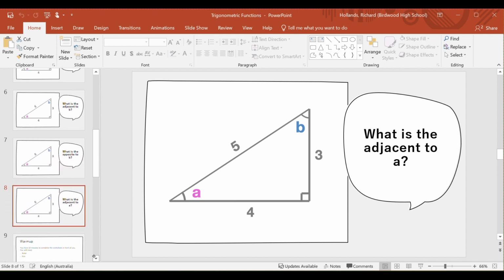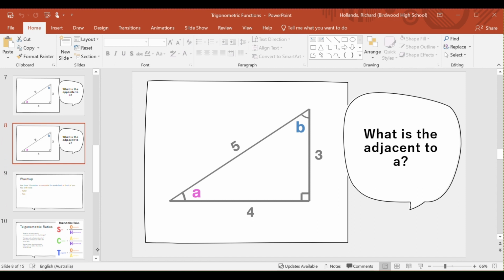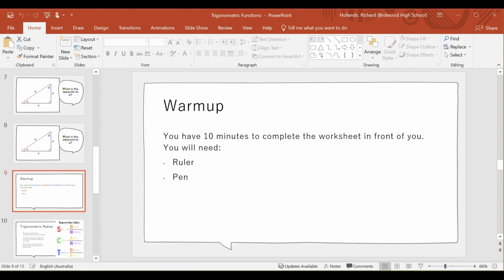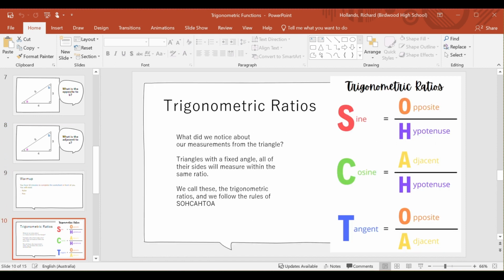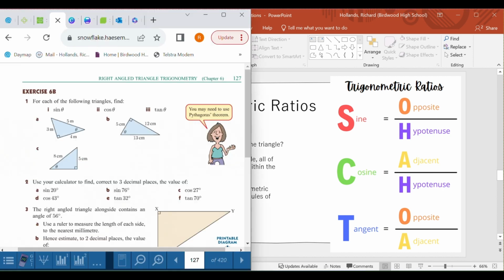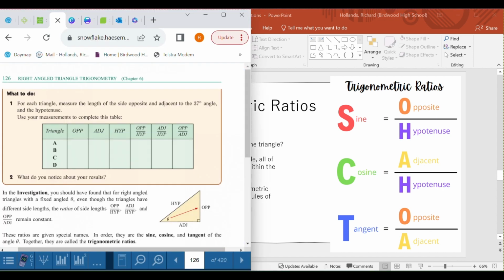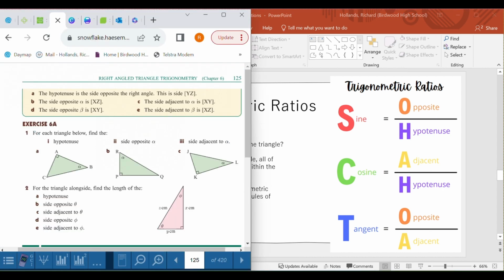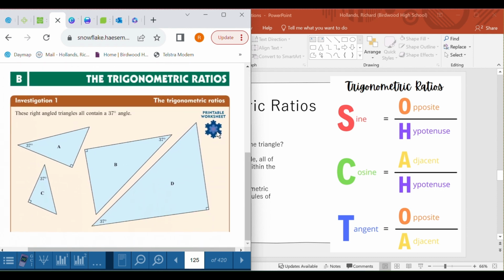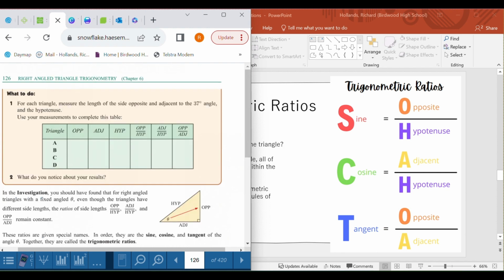Alright. Now, if you weren't in class, we went through this activity where we looked at these different triangles that all had the same angle in there. So each was 37 degrees. And what we found when we measured these distances on the page was that there was something very similar about them when we put them into these fractions here.